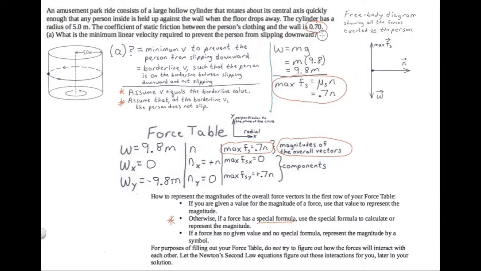The problem gives us the number 0.7 to substitute for the coefficient of static friction, which is symbolized by mu sub s. So far, we don't know the magnitude of the normal force, so we will continue to use this symbol lowercase n, written without an arrow on top, to stand for the magnitude of the normal force. So here's the result when we use that special formula to represent the magnitude of the maximum static friction in the first line of our force table.